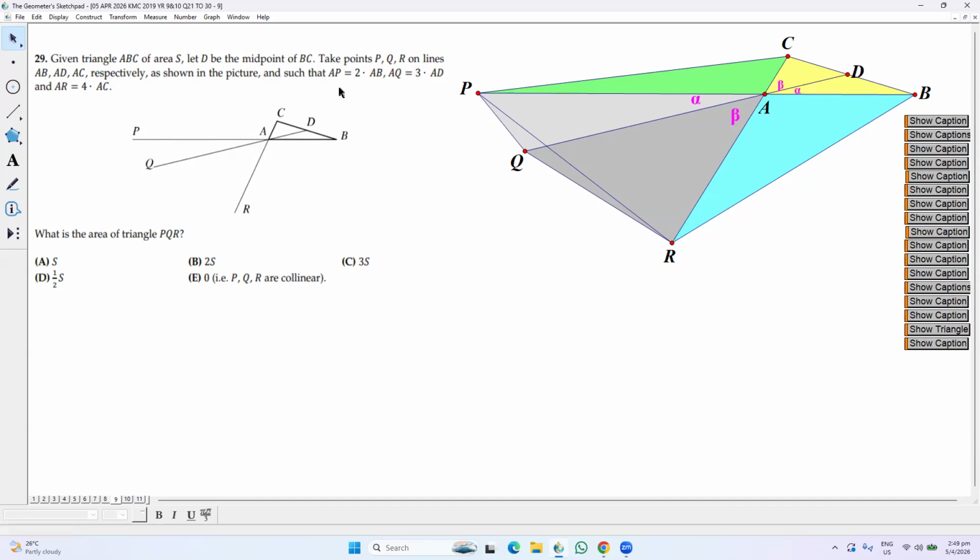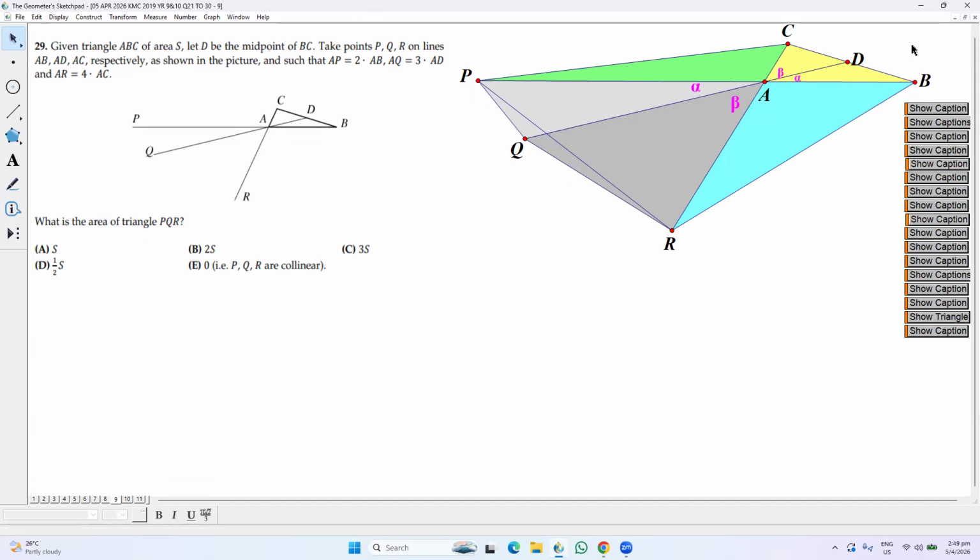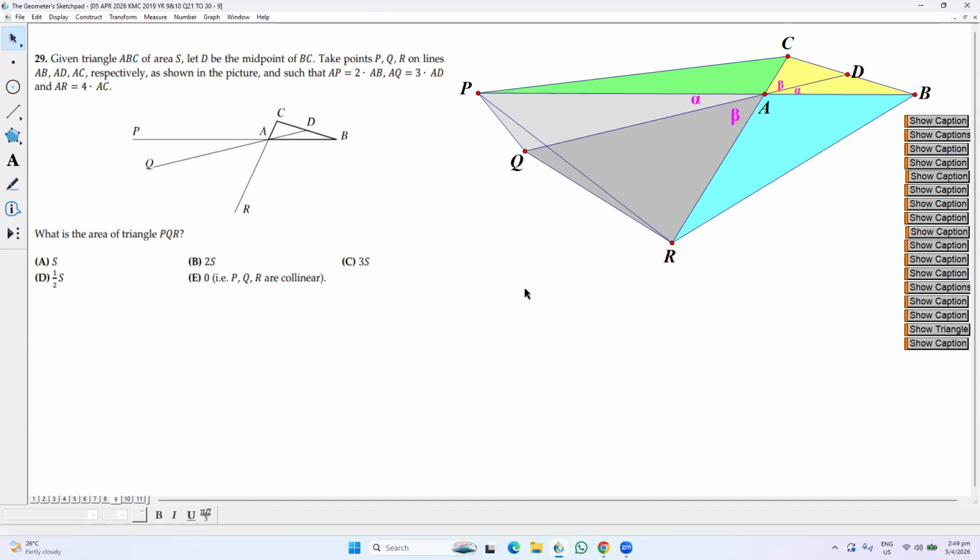And then the lengths must be: AP is double AB, AQ is 3 AD, AR is 4 AC. Okay, so I draw bigger here. Now, what is the area of triangle PQR?